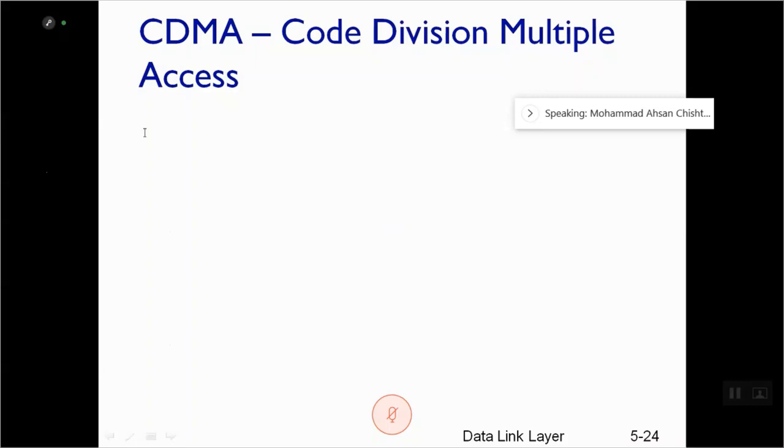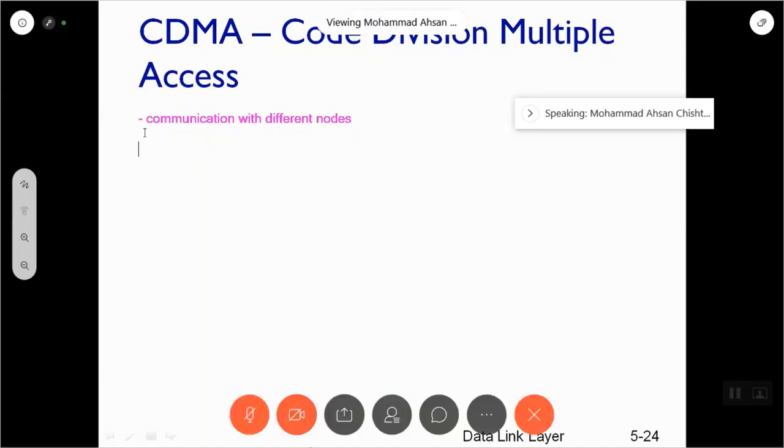So what basically CDMA is, it is communication with different nodes. I'll give an example to understand. When I said how can we transmit simultaneously, it's like in our class. I'll speak to Ramanand, you speak Tamil, right?